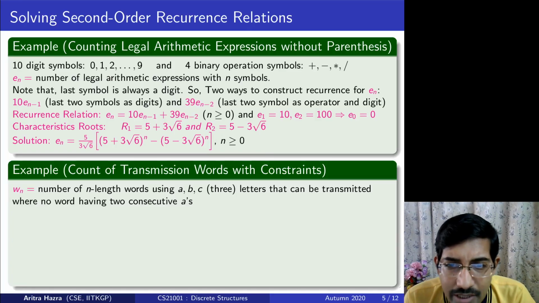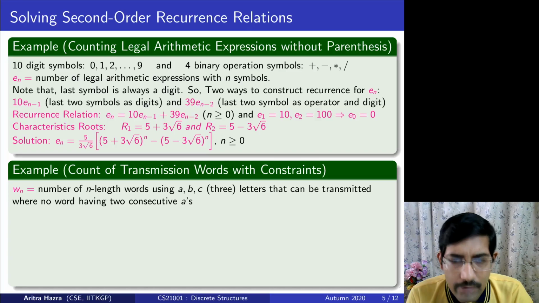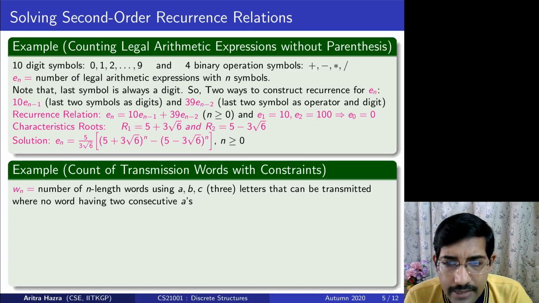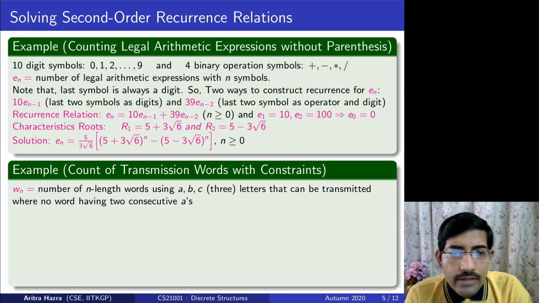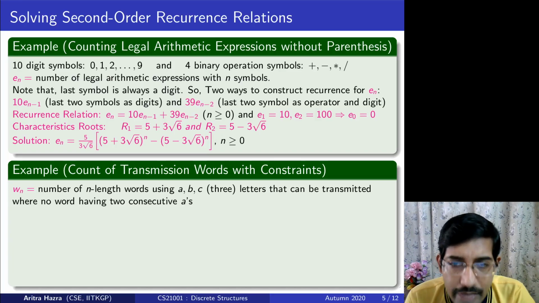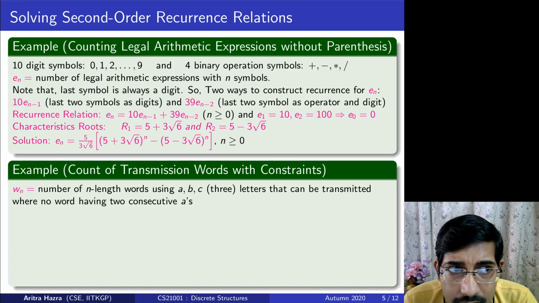How many n length words containing 3 letters only? So I will form n length words with these 3 letters that can be transmitted, where no word has 2 consecutive A's. So how do we recurrently think about this?